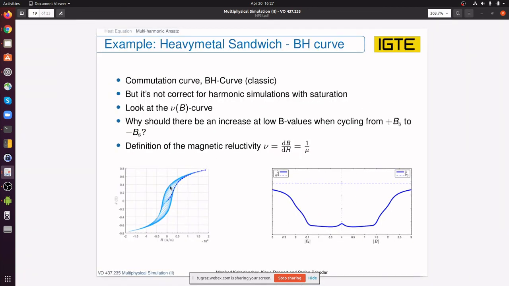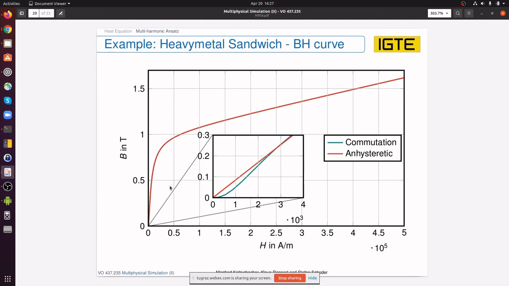So the difference might look negligible as it is shown here in this graph. These are actually measurements that I've made on an Epstein frame. So the commutation curve in turquoise has this Rayleigh region here, and for the anhysteretic curve, where a different measuring procedure is used that I will not show you now, we don't see this Rayleigh region.